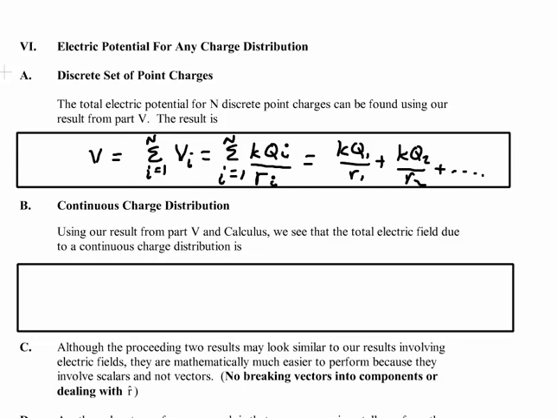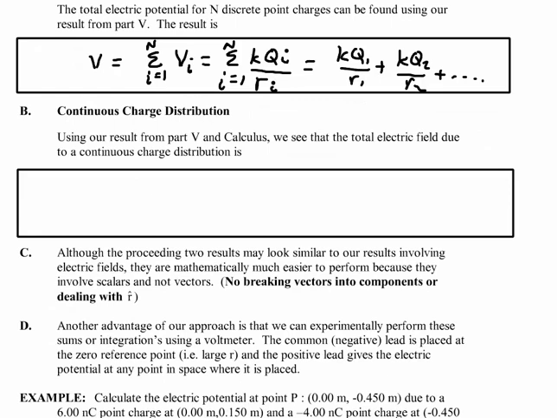If you've got a continuous set of charges, you do something similar to what we did with our integrals for the electric field. V is equal to the integral of k dq over r, and we're doing that over all charges.